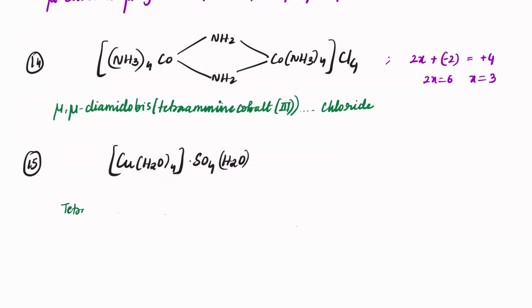Tetraaqua, and then we have copper 2, and space, we have sulfate, correct? Monohydrate. We write this as monohydrate. If it is only one, it is monohydrate. If it is two, you will write it as dihydrate. This time you will mention how many water molecules are outside. Okay, clear?